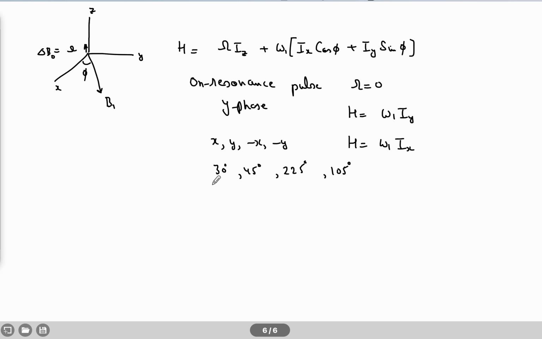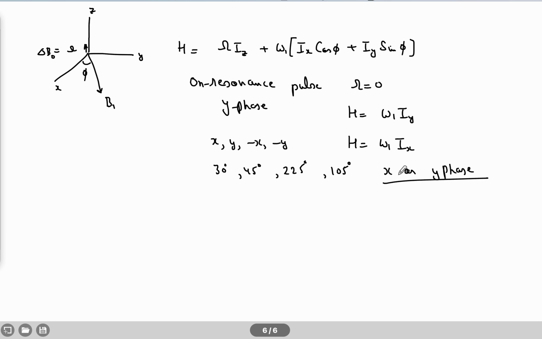Although for the discussion in this course, we will be only discussing pulses which are of either X phase or Y phase. But that doesn't stop you from exploring what happens if we apply a 45 degree phased pulse, or a 225 degree phased pulse, or any random phased pulse. Okay, but we will restrict our discussions to X and Y phase.